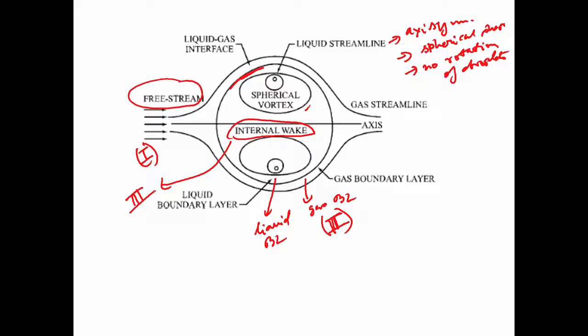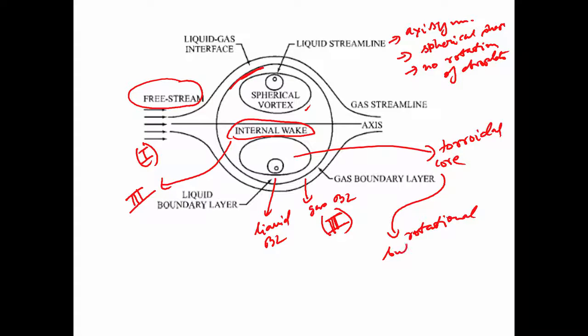Got it? Okay. So, the liquid boundary layer and the liquid internal wake, and then there is what we call the toroidal core. Now, in this toroidal core the flow is rotational, the flow is rotating, but it is virtually shear free.